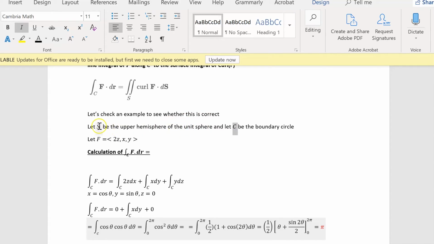Okay, so we have the surface, we have the curve, and suppose this is our vector field. Now let us see whether this formula is correct.